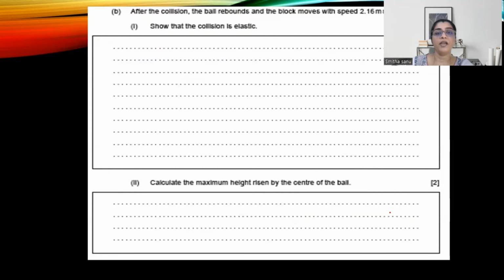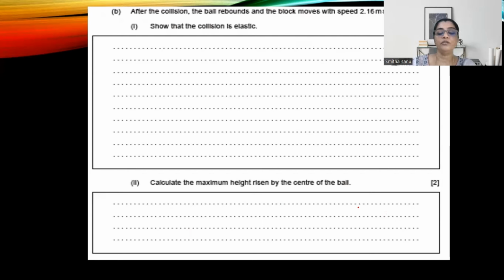Let's take it further. After the collision, the ball rebounds back with the speed of 2.16 meters per second. Show that the collision is elastic. So to show that something is having an elastic collision, you can apply either law of conservation of momentum or conservation of kinetic energy.